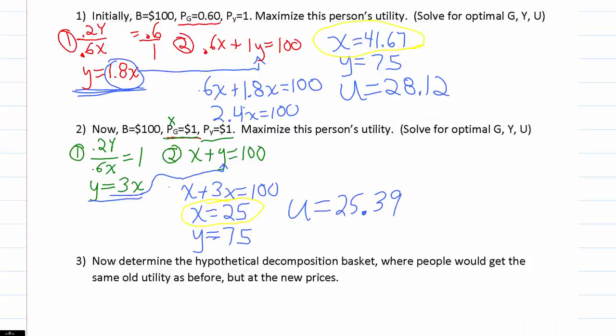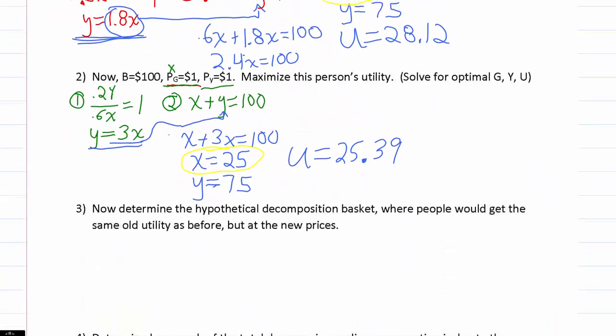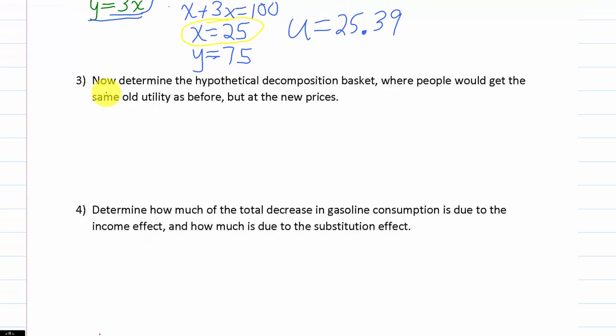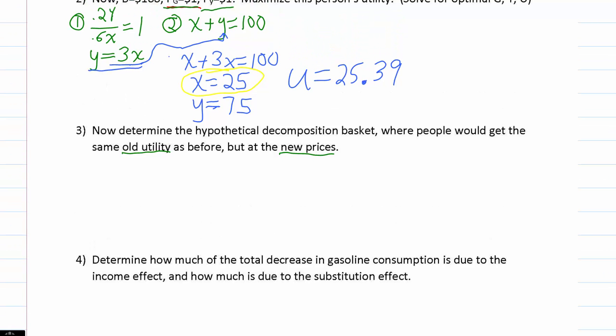So what we do is we go back and we do a third problem, and this is a hypothetical solution. Sometimes we call this the decomposition basket. So now determine the hypothetical decomposition basket, where people would get the same utility as before. So we're thinking about the old utility level, but at the new prices. Old utility, new prices. So we need to set up two equations that we can solve to get our two unknowns. The first equation will be exactly the same as the equation from the second problem.